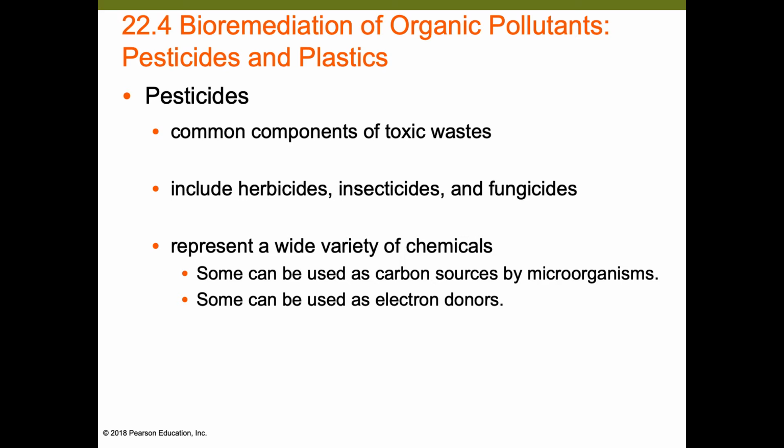So herbicides, insecticides, fungicides. So a lot of our almond growers worry about fungal pathogens that destroy the trees. That's one of the hypotheses about what has been causing a lot of our issues with bees, is the combination of fungicides and insecticides that get sprayed on almond crops.